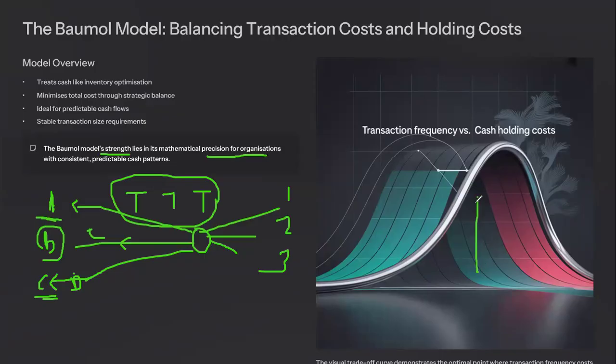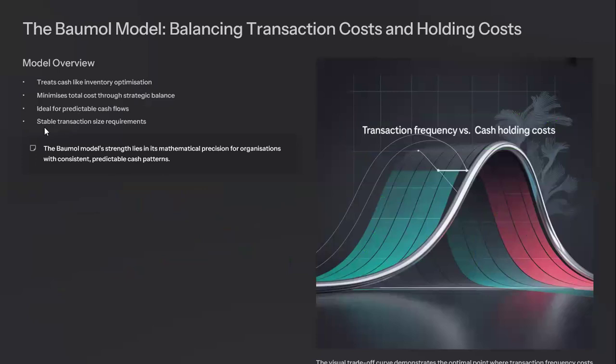So, how much to hold, how much to pay out, how much to receive, and how much funds are to be maintained, I need to take care of based on transaction value, future prediction of cash flow, and the size of my operational efficiency. So let's move further to the next model.